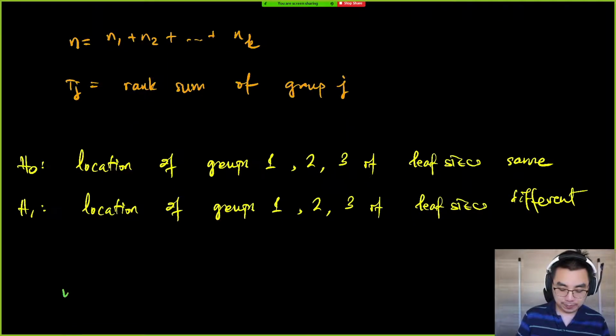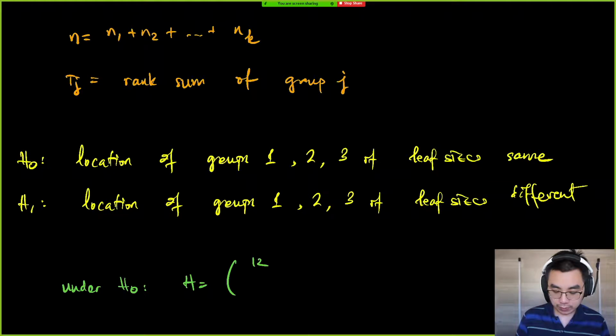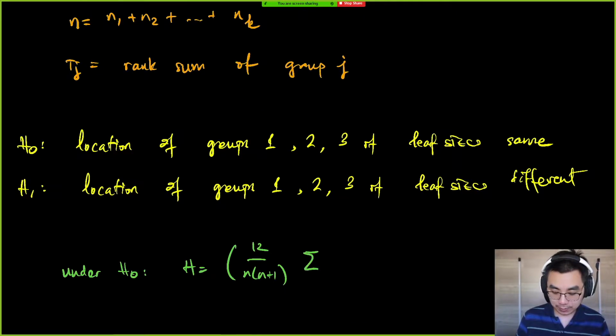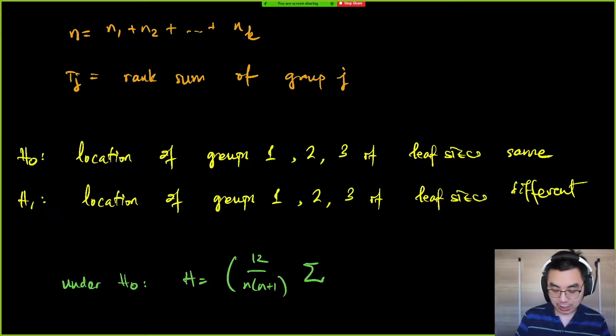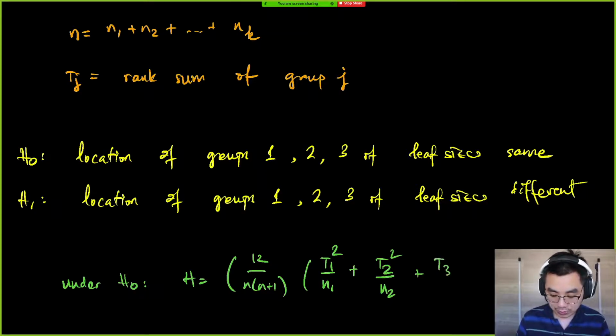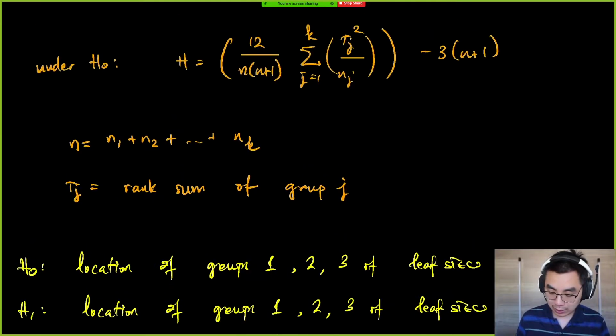Under the null, H is equal to 12 over n times n plus 1 times T1 squared over n1, T2 squared over n2, and T3 squared over n3, because you only have 3 groups, minus 3 times n plus 1, right? Yes. Okay.